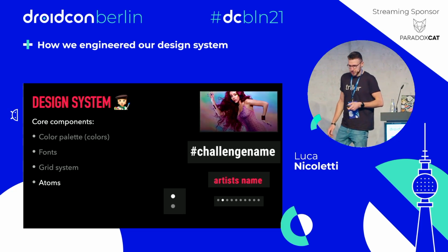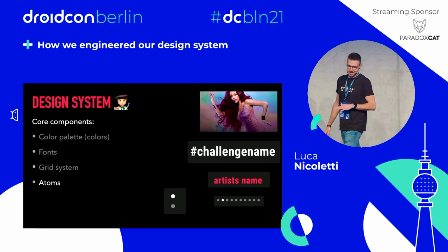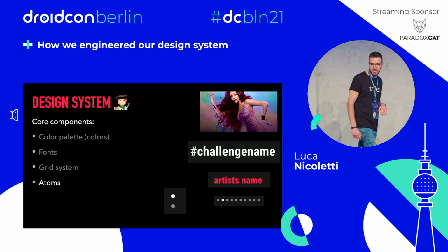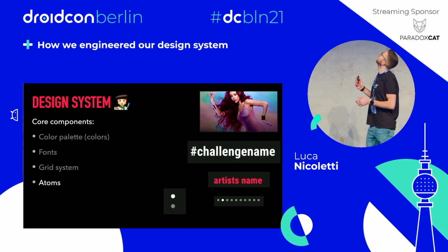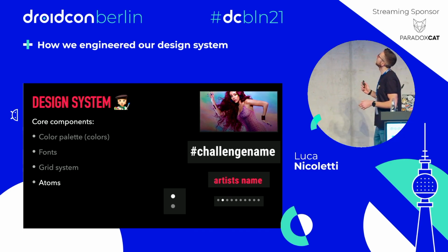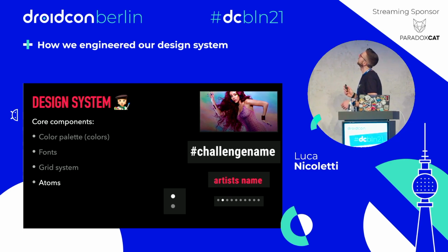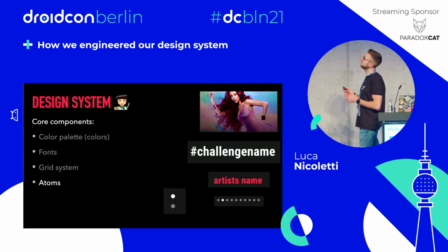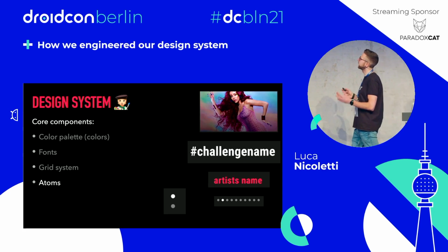Now, atoms. Everything you see on the screen are atoms in our company. As you can see, we can have images alone, labels with different font, sizing, and colors as well, and icons or images.